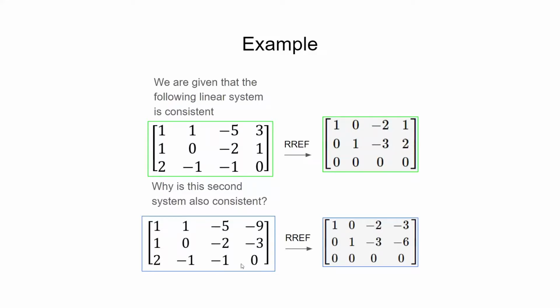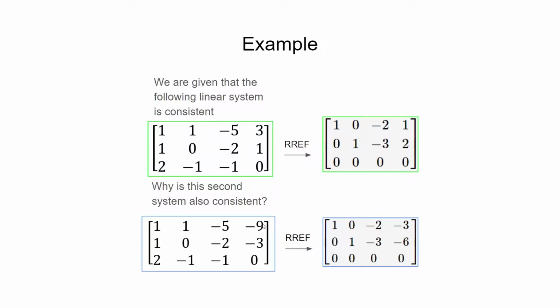And then we are given the second system, which is nearly identical. All the values are the same except for the last row, which in our system expressing Ax equals b would be our b column. The last row is different, but the last column, bottom row, is 0, so that part's the same.